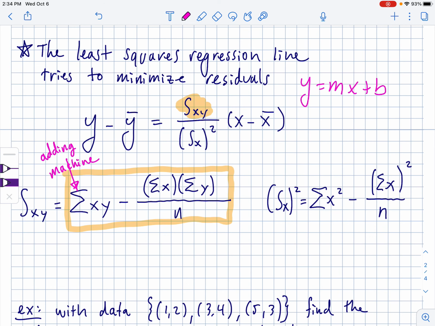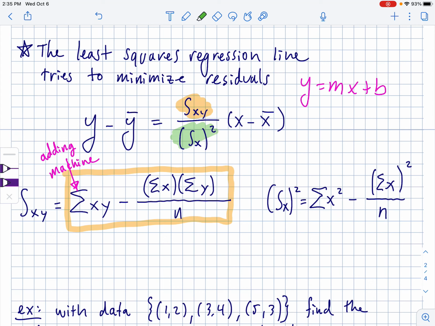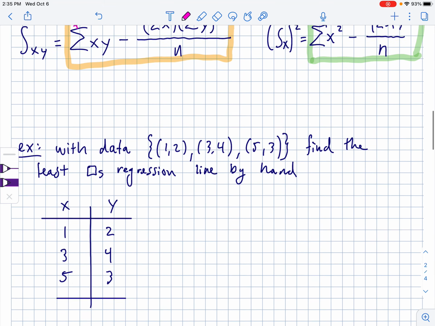So let's make a note that the sigma is an adding machine. Switch highlighter. This here in the bottom, s x squared, is this whole equation here. So this goes into the denominator there, and this whole thing goes into the top here.